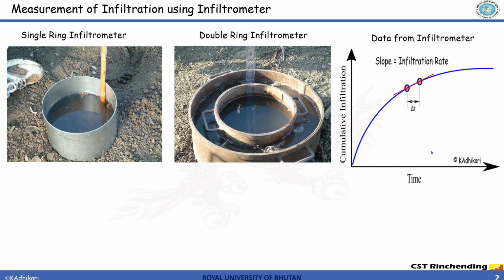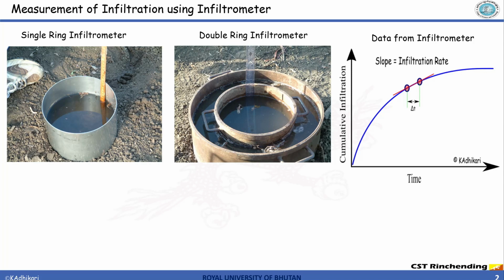This is the cumulative infiltration. The Kostyakov equation in fact gives us the equation to model this cumulative infiltration. Understand the difference. Infiltration is measured in mm. It is how much infiltration has occurred in a particular duration of time. Infiltration rate is measured in mm per hour.